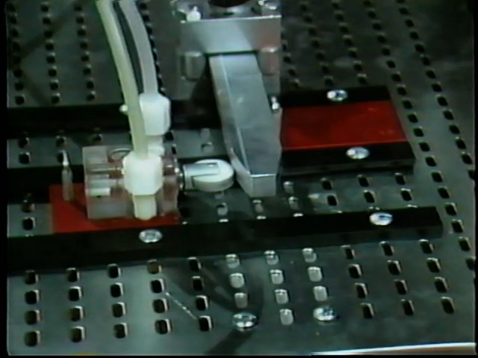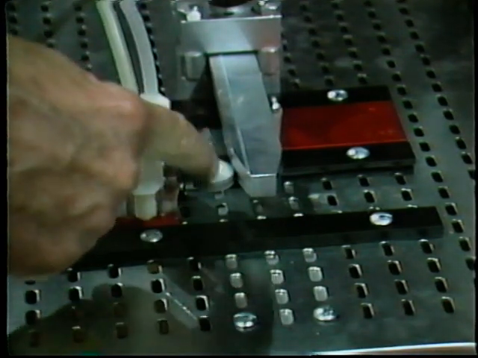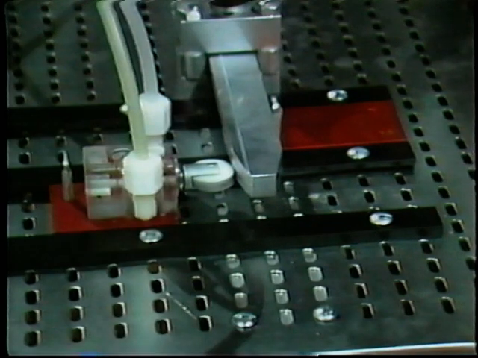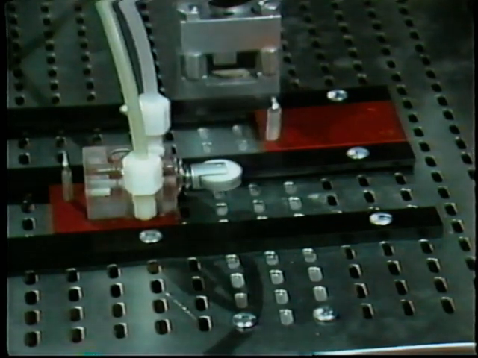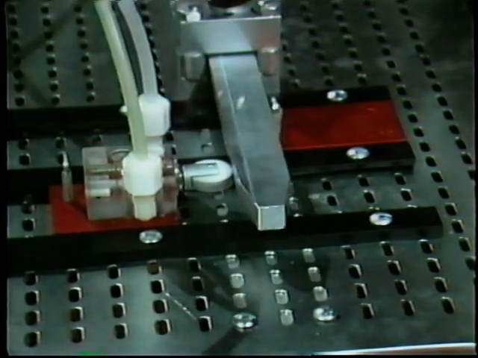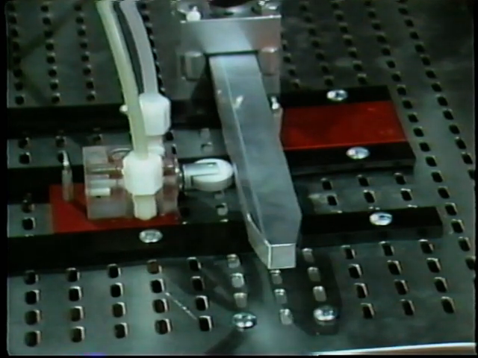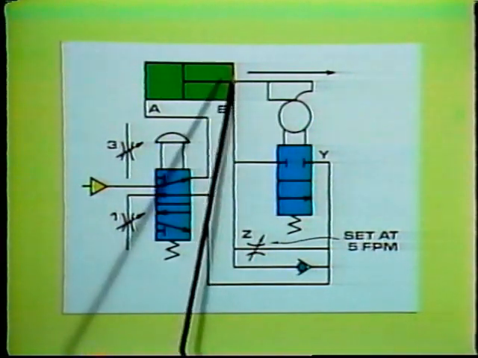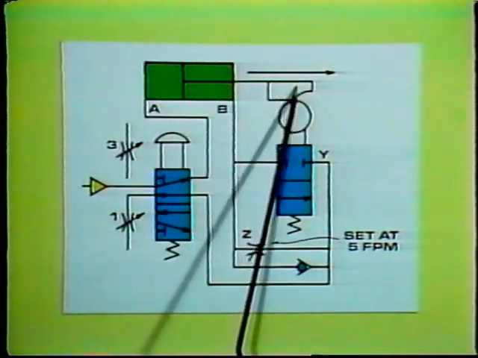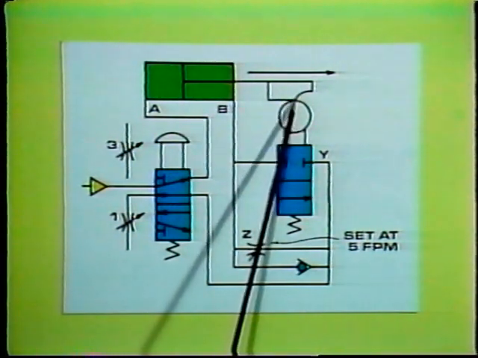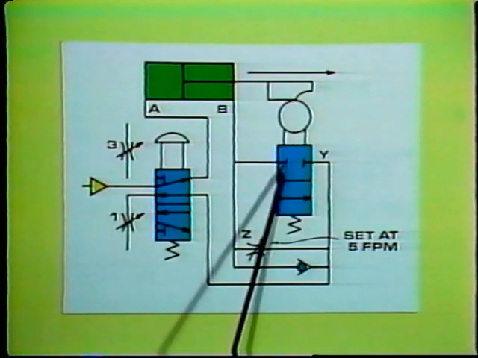Now, take a close look at what happens when the cam on the cylinder shaft activates the cam-operated switch. Notice how after 5 inches in the forward stroke, the speed of the cylinder decreases. When 5 inches of forward stroke is sensed by the cam valve, it shifts to its closed condition.